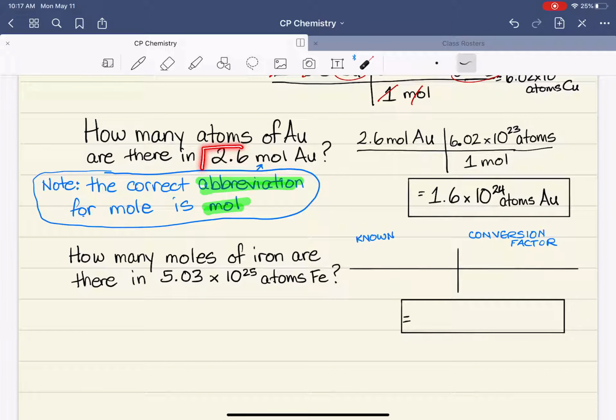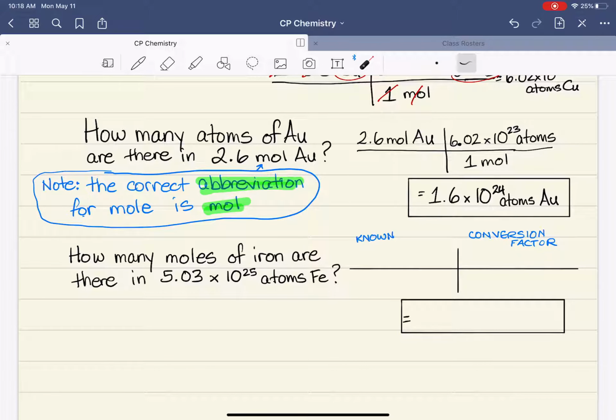Let's say we have 2.6 moles of gold, and we want to know how many atoms of gold we have. Well, that's pretty easy. We start with our known, and that's 2.6 moles of gold. And we multiply by our conversion factor, and a conversion factor, again, is a fraction made from an equivalence statement. When two things are equal, we can divide one by the other, and the answer is 1.